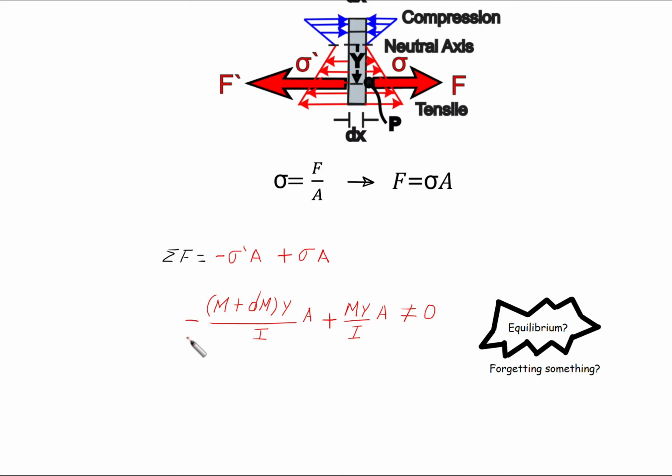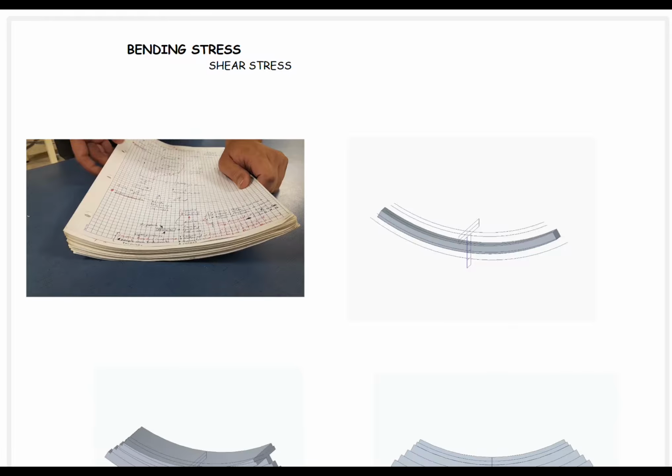So we have no equilibrium at all here. What happened with the equilibrium? We know that there is an equilibrium, but maybe we are forgetting something. So let's check if there is something else.